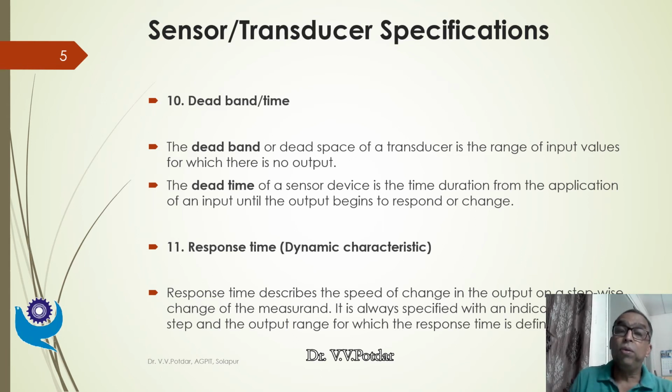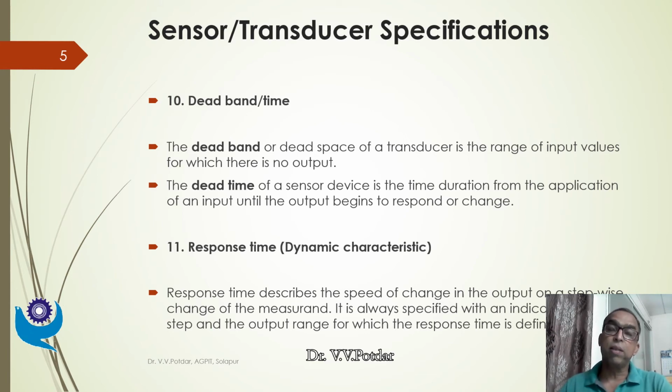So this is the example of a dynamic pressure variation. Like that, there are many temperature measuring situations also, wherein the input parameter is constantly changing. Now, how the given transducer behaves to these changing or dynamic input parameters is categorized under dynamic performance characteristics.